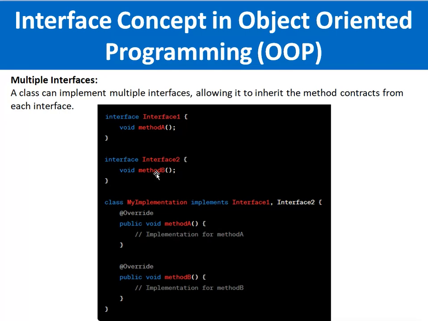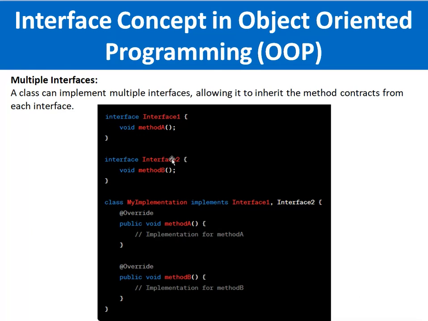It only mentions the signature, but it doesn't have any body. Here the class MyImplementation implements Interface1 and Interface2, and it provides you the detail for method A and method B as well. Method A is in Interface1 and method B is in Interface2.